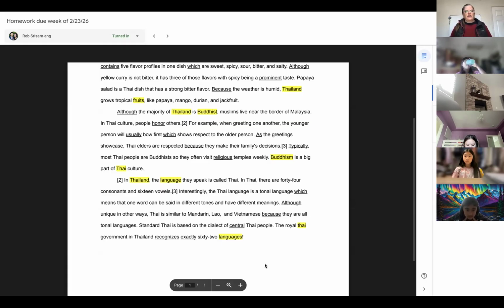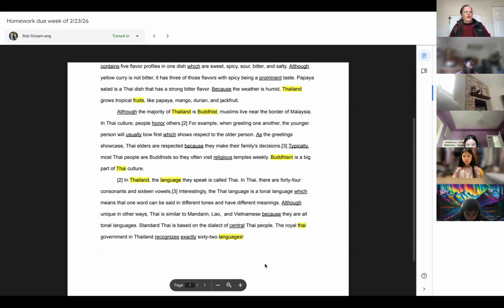In Thailand, the language they speak is called Thai. In Thai, there are 44 consonants and 16 vowels. Wow. Interestingly, the Thai language is a tonal language, which means that one word can be said in different tones and have different meanings.